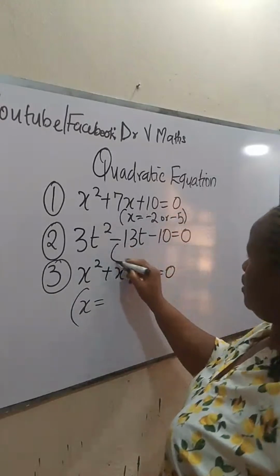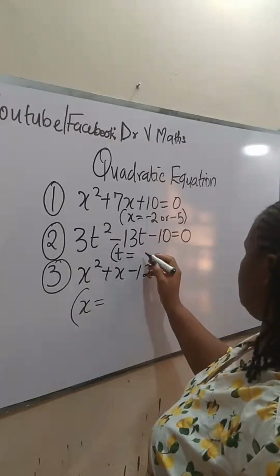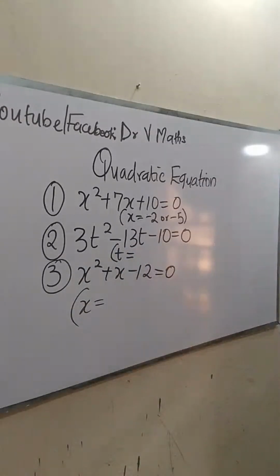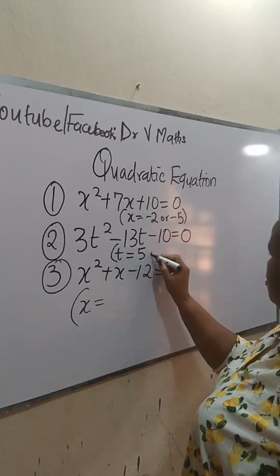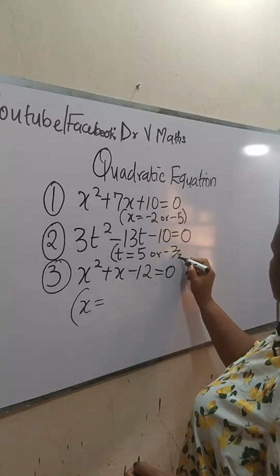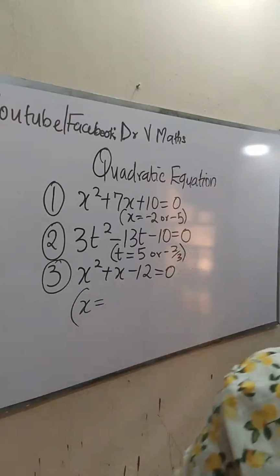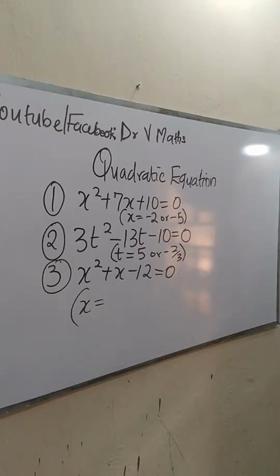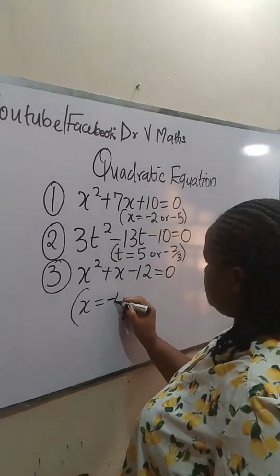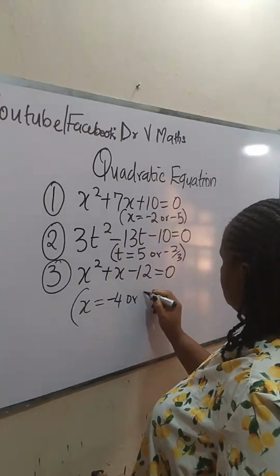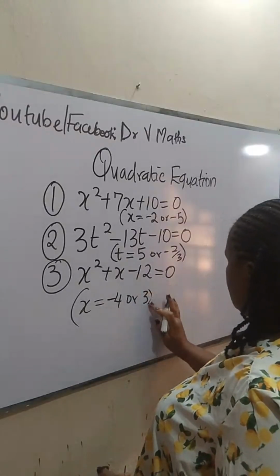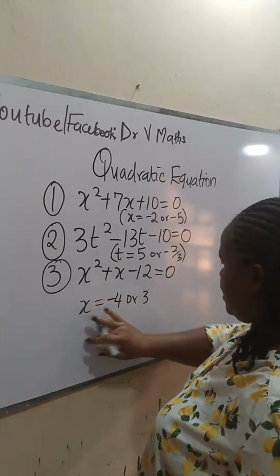And here, t is equal to 5 or -2/3. That was what we got there. Then here, our x is equal to -4 or 3. So these are the answers we got from the ones we solved earlier.